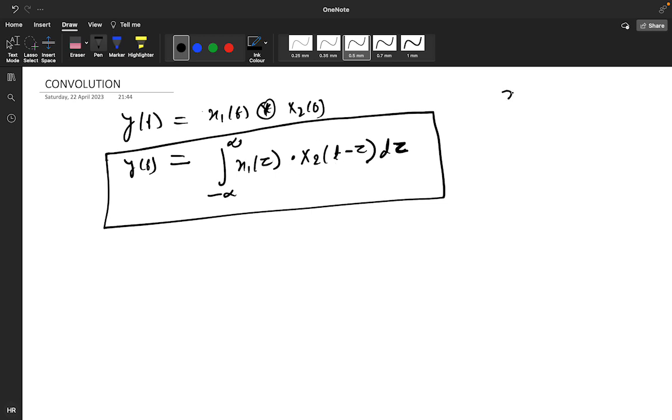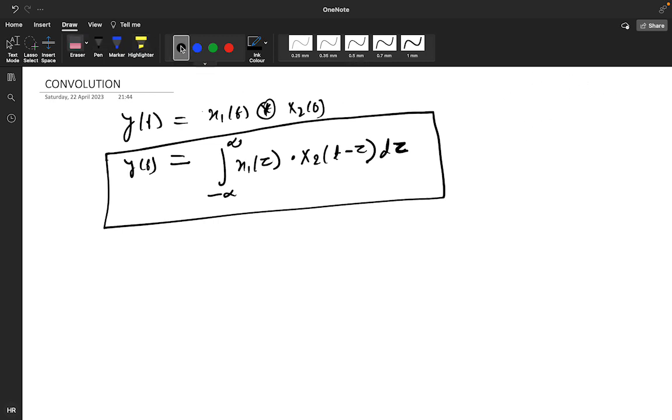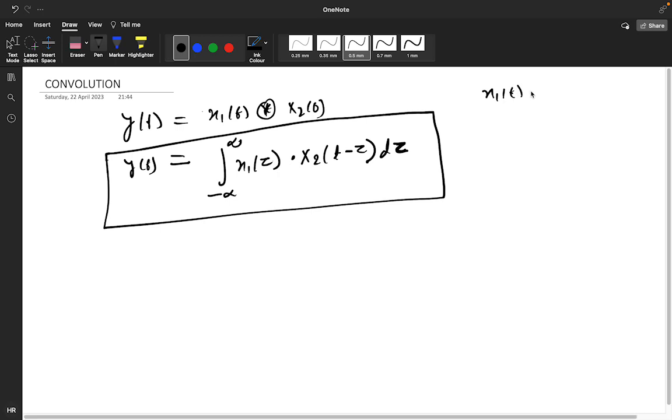So in x1 of t, if you have something in terms of t, you first replace it with tau. Like I am showing you how to solve convolution. If someone gives x1 of t as, suppose, t square plus 5t, then x1 of tau you will make tau square plus 5 tau.